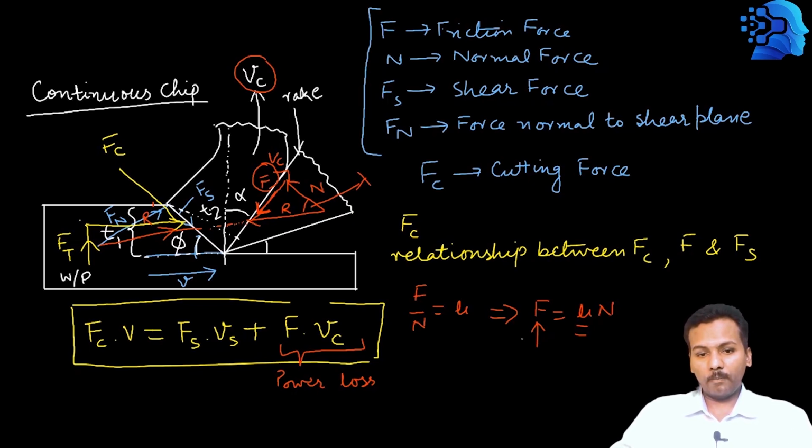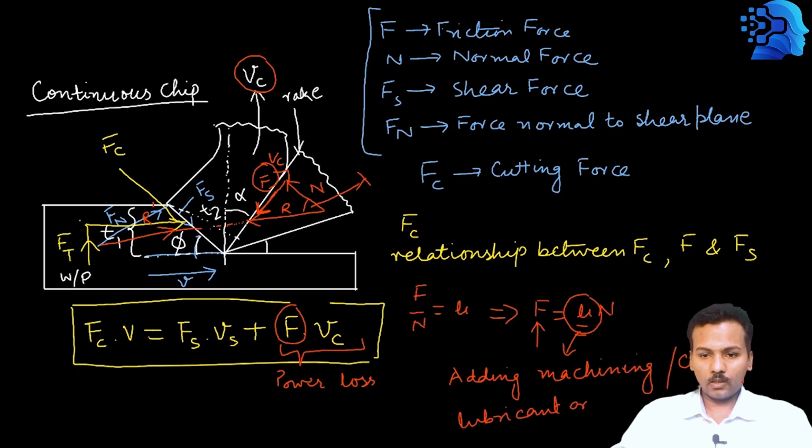And if this F is greater, then for the same chip velocity it will consume more and more energy as frictional energy loss. Therefore, we have to work on this coefficient of friction by adding some machining or cutting lubricant or fluid.